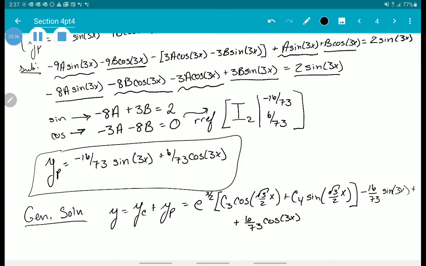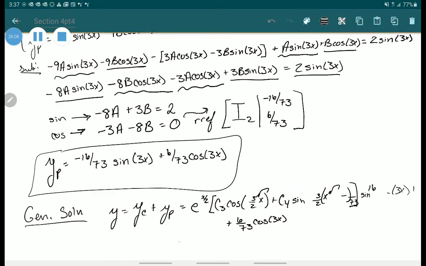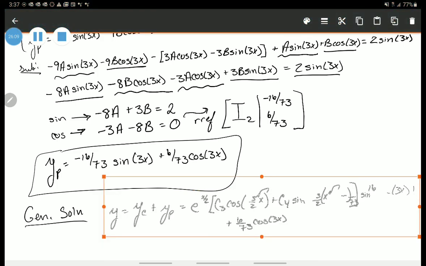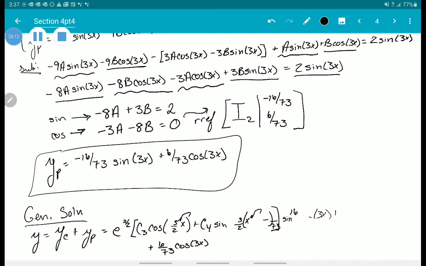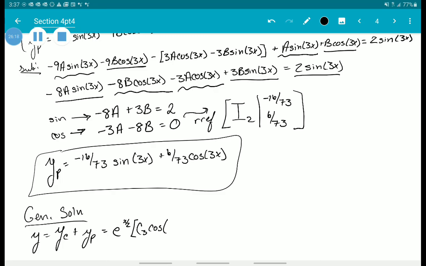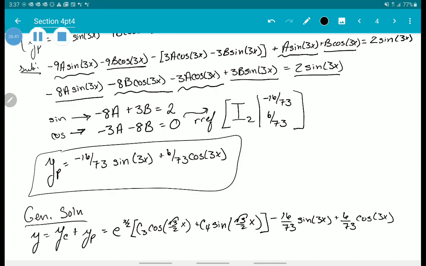There's just not enough room to write all that in one line on my tablet. Let's see if I can move everything over. There we go. So there's our final solution.